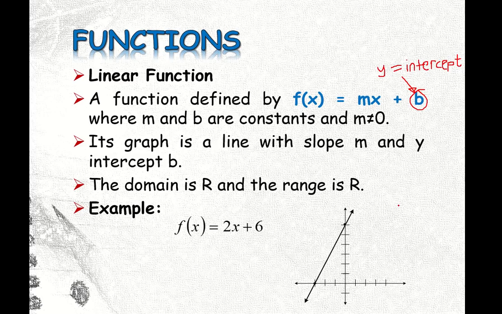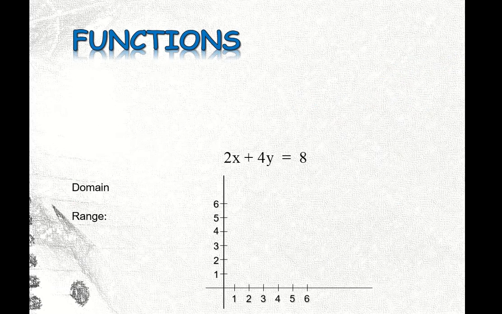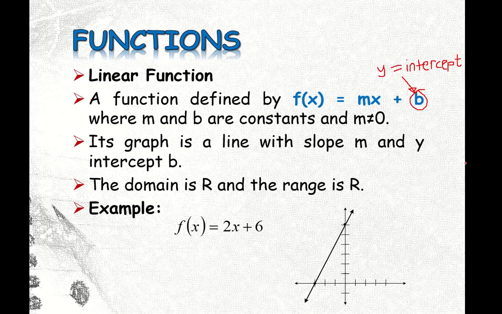To do that, you have to solve for the x and y intercepts. This is the y-intercept, the value of f of x when x equal to 0. That is the value for y when x equal to 0. So this is the b.